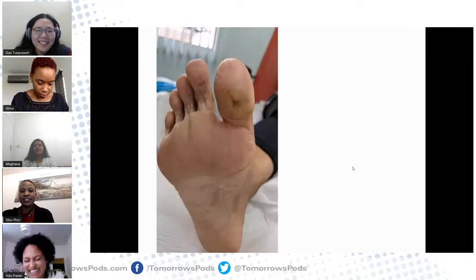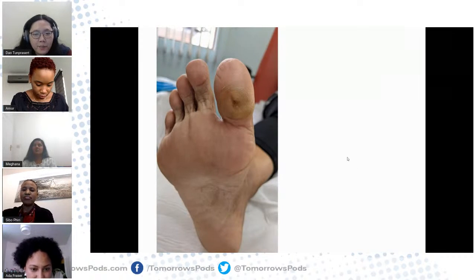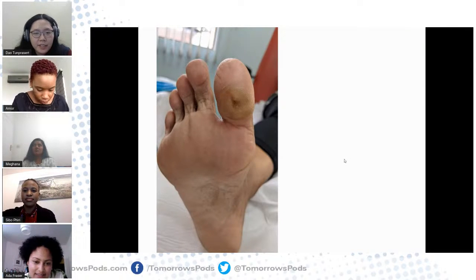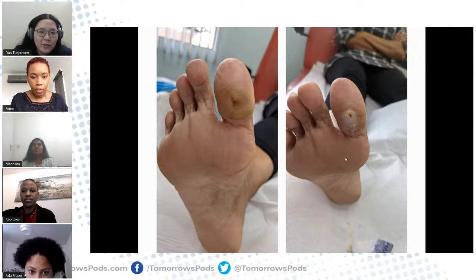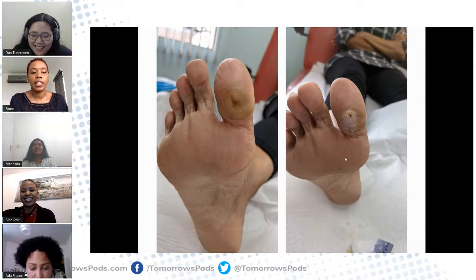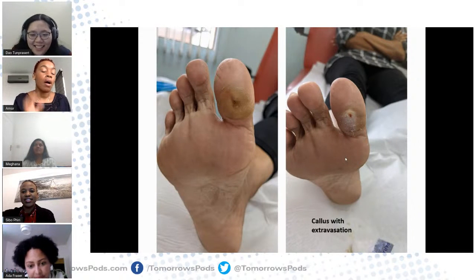Let's move on. Okay, so I think this is still a photo from Amor, but it's in a lighter brown skin color, and it was before and after debridement, I assume. Amor, I didn't ask you, but I assume. So what I was trying to get over in this one is hyperpigmented spots.